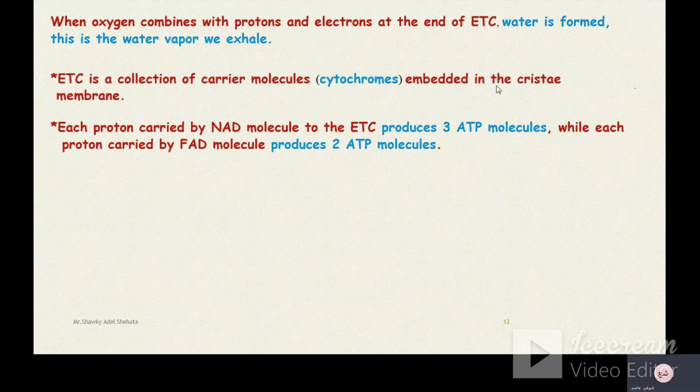Generally, the ETC is a collection of carrier molecules, the cytochromes, embedded in the cristae membrane. Each proton carried by an NAD molecule to the ETC produces 3 ATP molecules, while each proton carried by an FAD molecule produces 2 ATP molecules, as we said before.